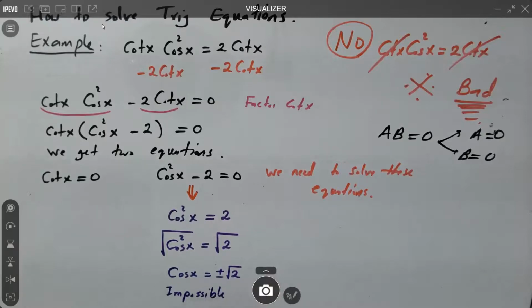There is no solution here. Cosine x and these two lines, they never hit each other because the maximum value of cosine is 1, the minimum value is -1. These lines are above cosine function. Let me show you.